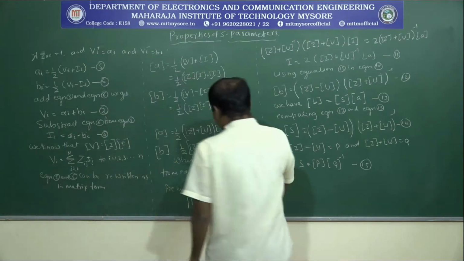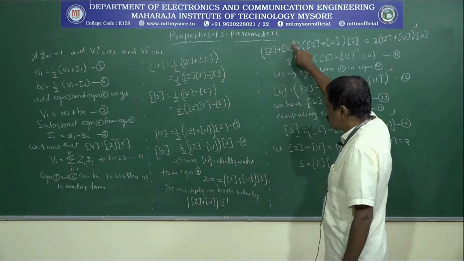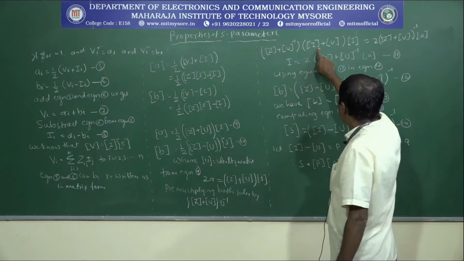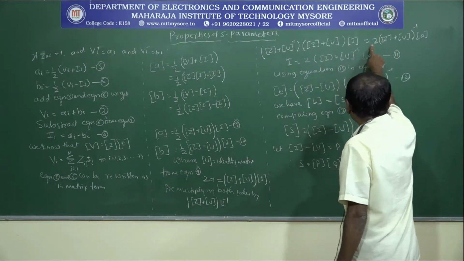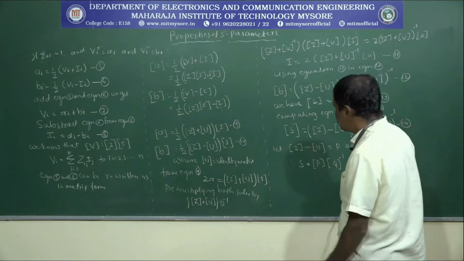Then we get (Z plus U) raised to minus 1 into (Z plus U) into I is equal to 2 into (Z plus U) raised to minus 1 into A.